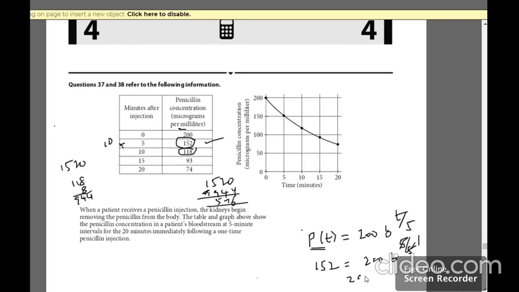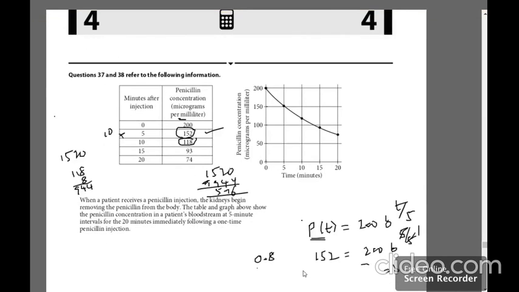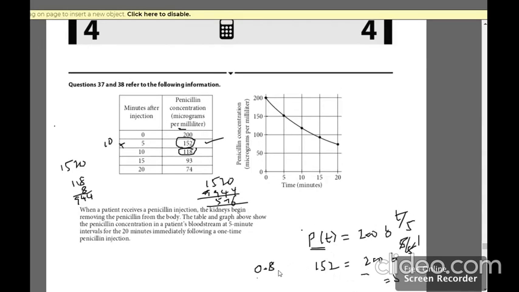So if you divide 200 with 152, you will end up getting 0.8. Sorry, this is not 200 by 152, it is going to be 152 over 200, which is definitely 0.8. Even if you work it out this way also, it will give you the same result.